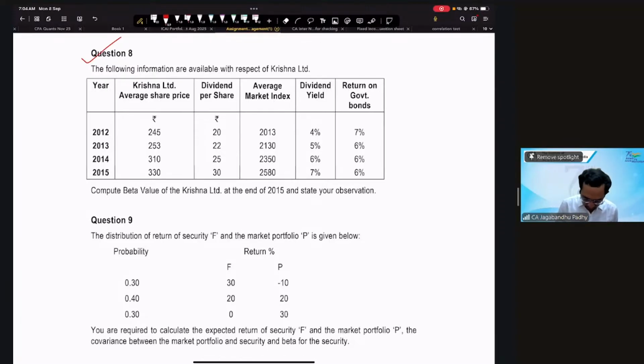We have to compute the beta value of Krishna Limited at the end of 2015, and we have to state our observations. So let me just copy down the question.